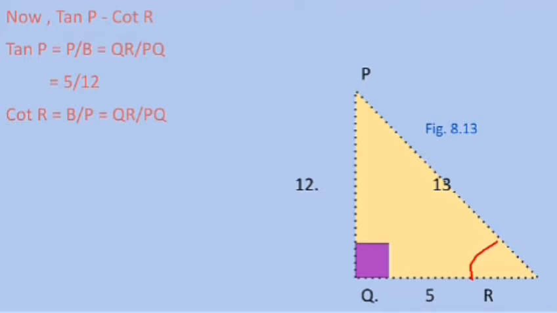Here we are taking two different angles, angle P and R. So here you cannot write the value of cot R to be 12 by 5, because you have already found the value of tan P. You need to remember that we are taking two different angles, the first one is angle P and the next one is angle R.